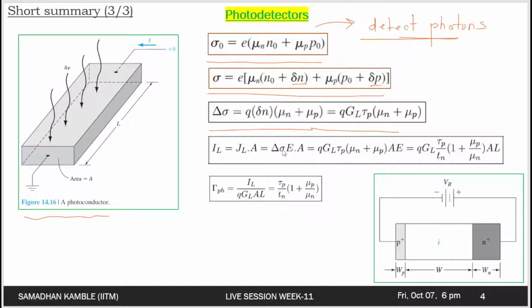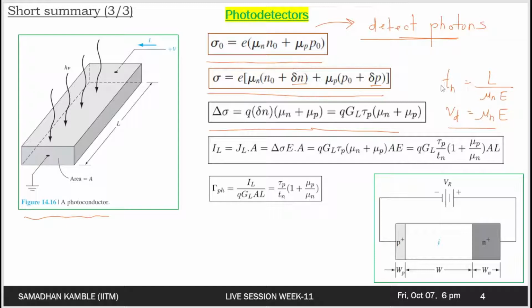An electric field E is induced by the applied voltage, which produces a current caused by the drift of carriers. We saw the drift current with a velocity Vd, which is the mobility times the electric field, and the electron transit time given by Tn, which is length over the mobility times the electric field.